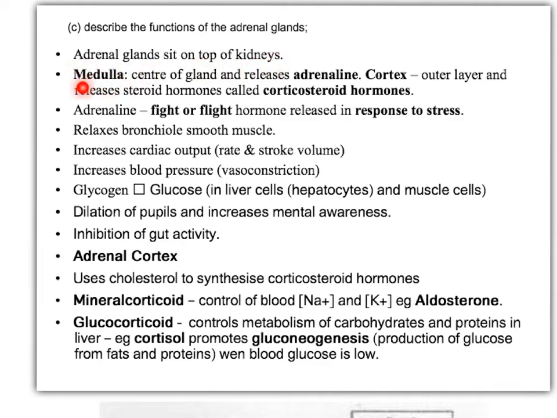It's got two regions. The middle bit of the adrenal gland is called the medulla, which is involved in producing the hormone adrenaline, and the bit round the outside is called the cortex, which is involved in producing types of hormones called corticosteroid hormones. Those hormones are based around the structure of cholesterol.